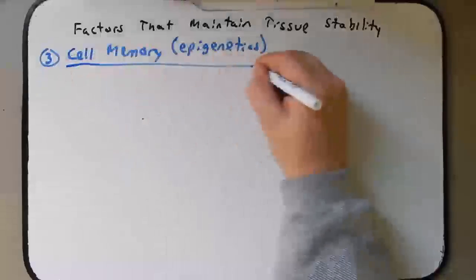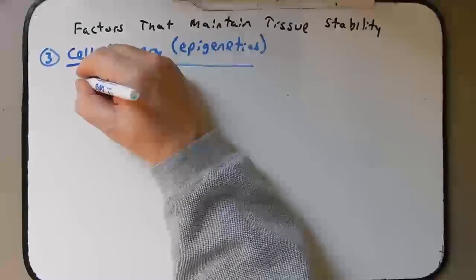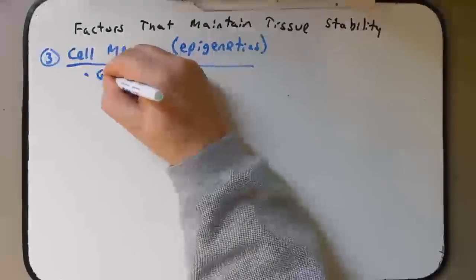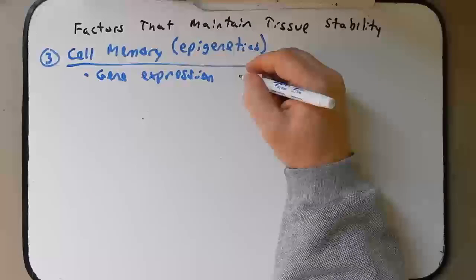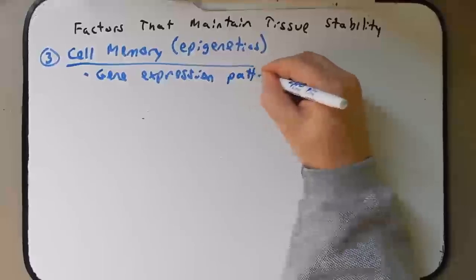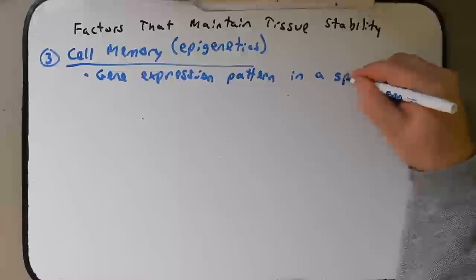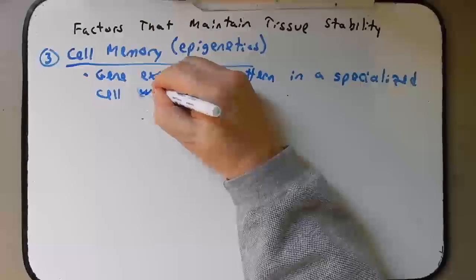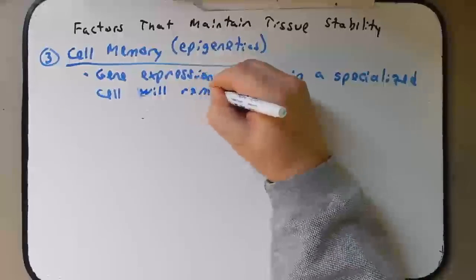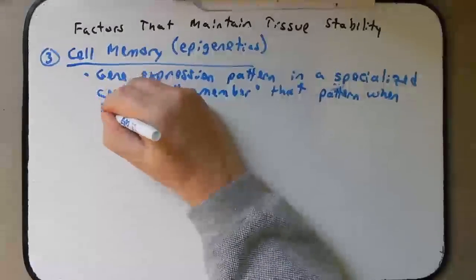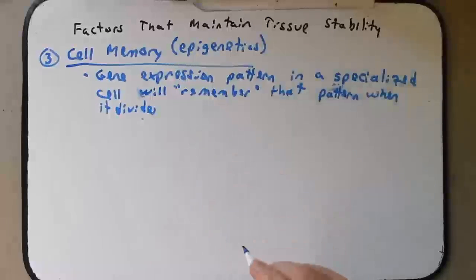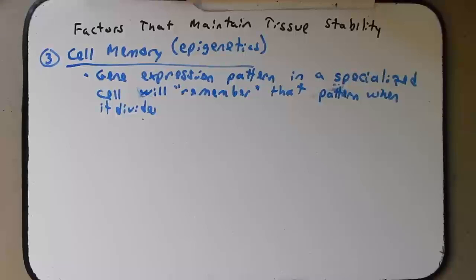And what we mean by cell memory or epigenetics is that the gene expression pattern in a specialized cell will remember that pattern when it divides. Sometimes it's when that specialized cell divides, or when that precursor of that specialized cell divides.